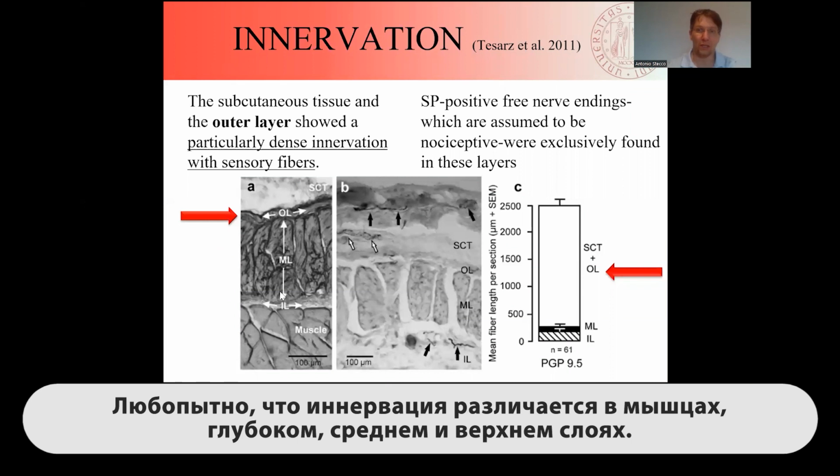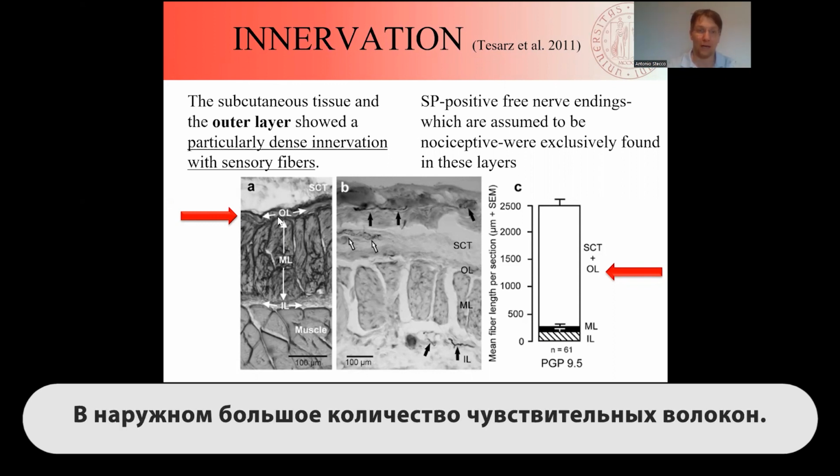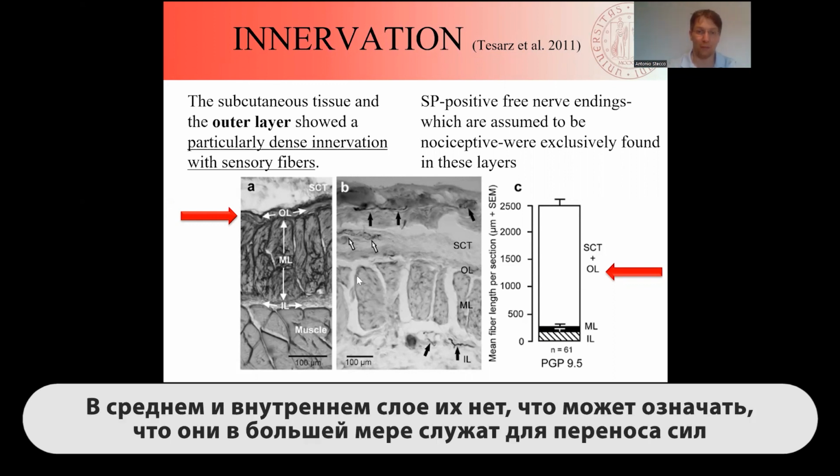What is curious is that the innervation is different. Not each single layer has the same innervation. So you see muscle, inner layer, middle layer, outer layer. The outer layer showed a particularly dense innervation with sensory fibers, while the middle layer and the inner layer did not.